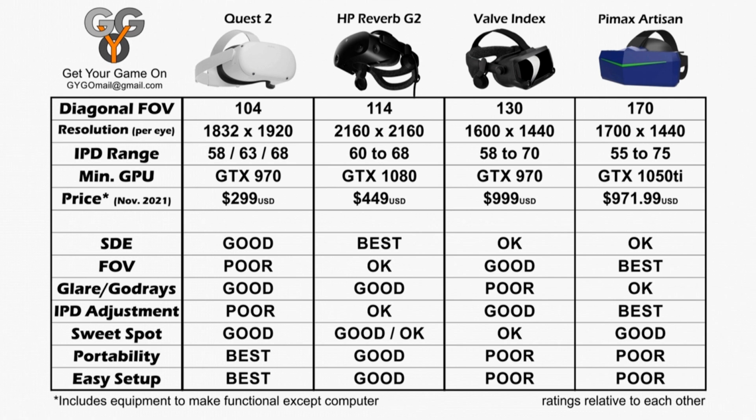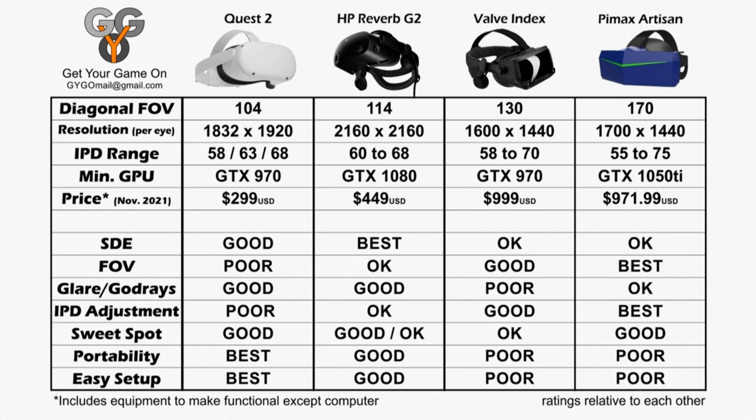For example, the Quest 2 will always have a smaller FOV than the Artisan. It may not be 104, but it will always be relative to the other headsets. The price I included also includes the equipment like the Lighthouse base stations and controllers to get these headsets functional, except for the computer system. And again, the only headset on here without needing a computer is the Quest 2.